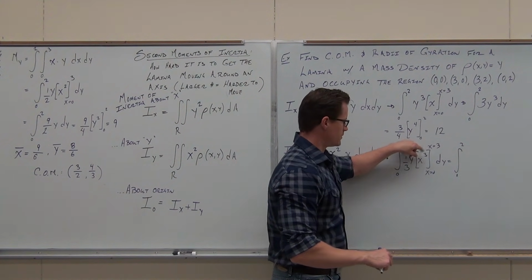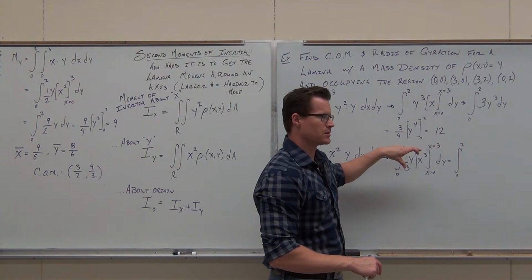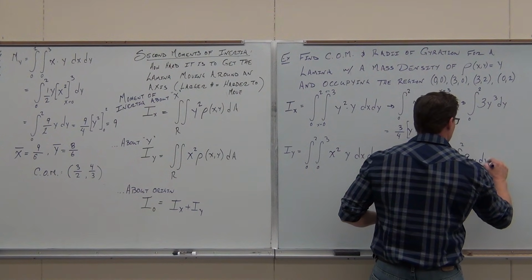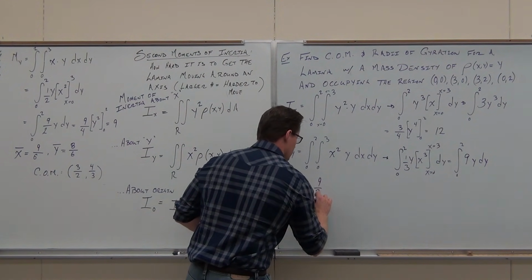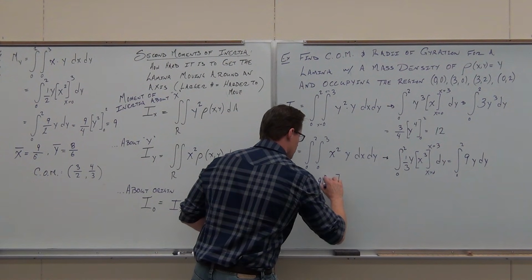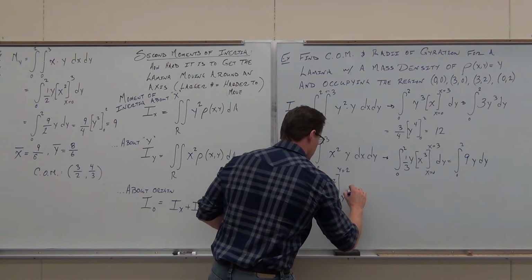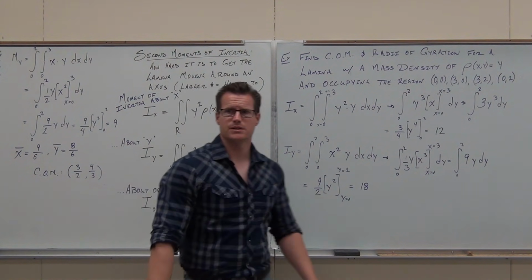That's 27 minus 3. 27 times 1/3 should be 9. Hopefully 18. Did y'all get 18?